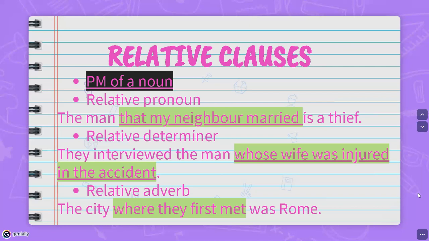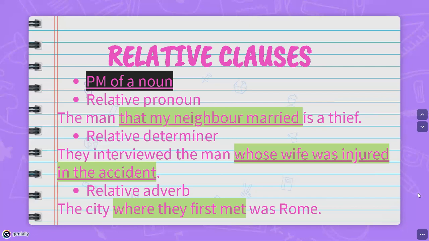If you look at the three examples here, you will see that the relative clauses are closely linked to a noun because they belong into a noun phrase. In the first case, that my neighbor married is closely related to man. And of course, this relative clause appears within a noun phrase. In this case, the man that my neighbor married.